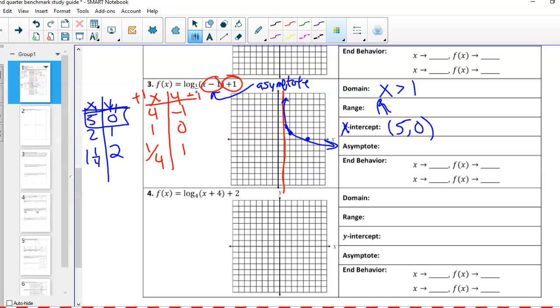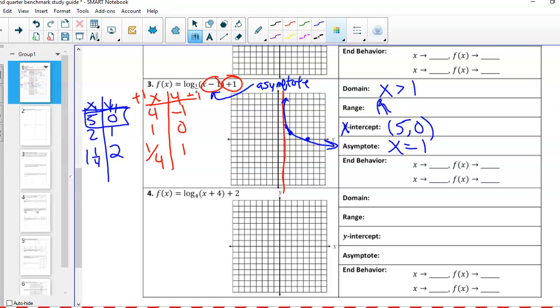If it was not in your table, you would need to set up your log function as an exponential. Yes, it should say x-intercept, not y-intercept. Your asymptote, x equals 1.